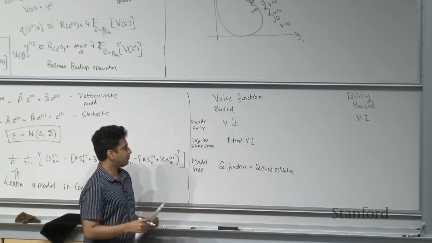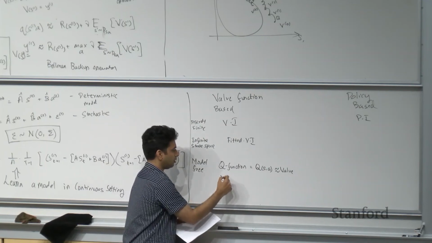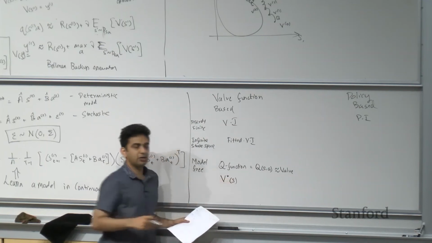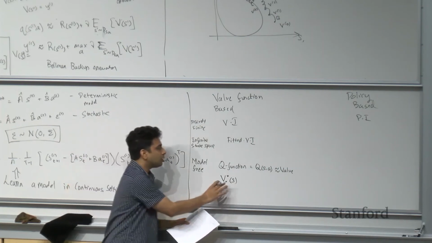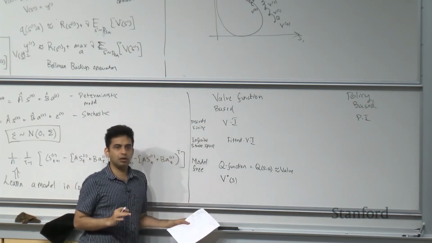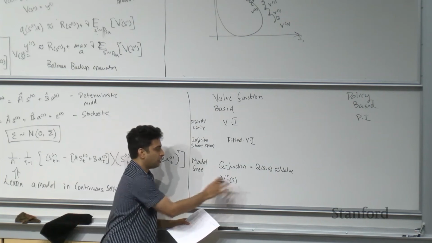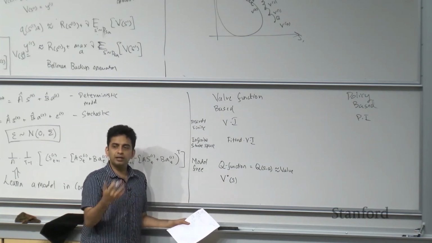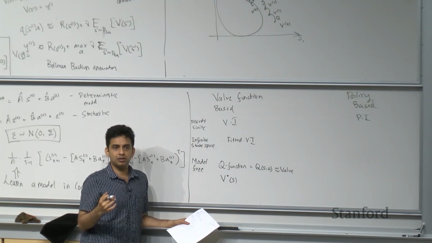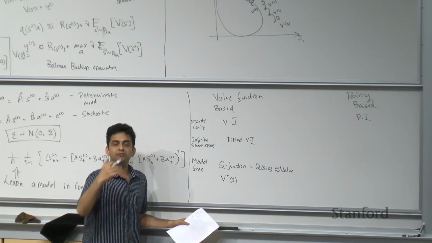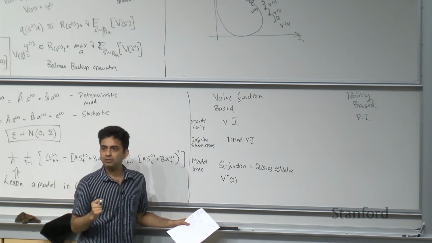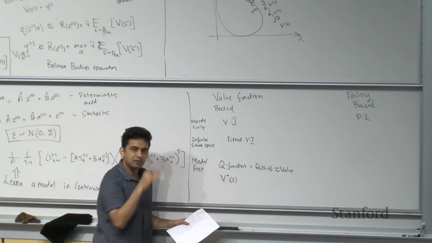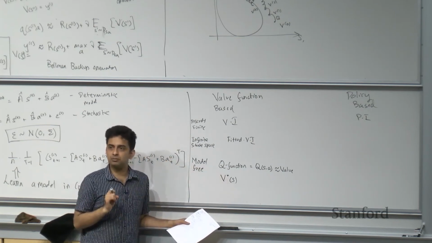Supposing we learned V star of s, and we don't know how the dynamics of the system work, but we still somehow figured out the optimal value of being in each state. Now, how do we decide what the action is? There's no way, because we don't know which state we will end up in by taking some action. So knowing V star is insufficient if you don't know the dynamics of the system.